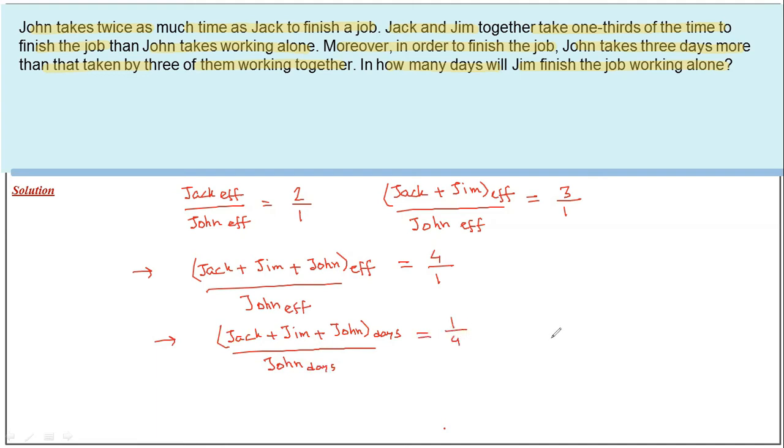Now it is also given that John takes 3 days more than all of them working together. So this implies that John takes 4 days and 3 of them together they take 1 day.